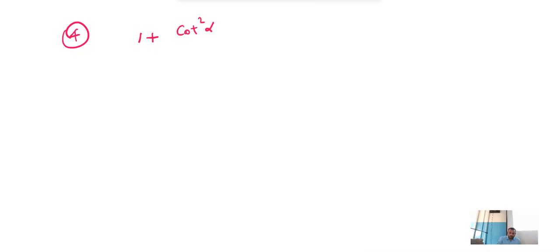Next question. Make a note. Prove that 1 plus cot square alpha by 1 plus cosecant alpha is equal to cosecant alpha.